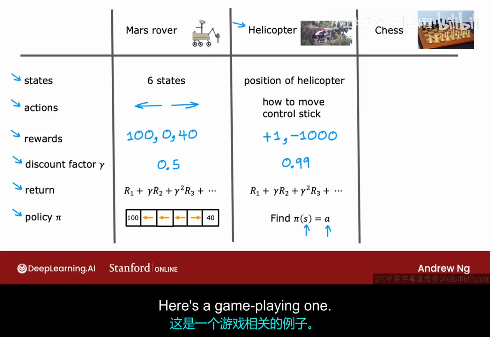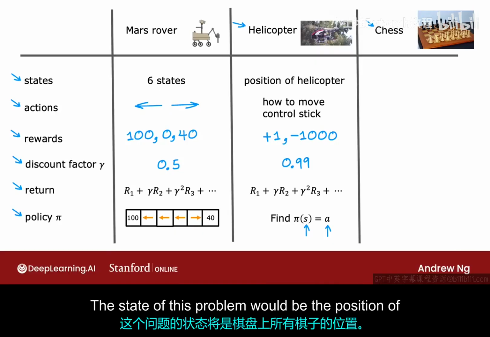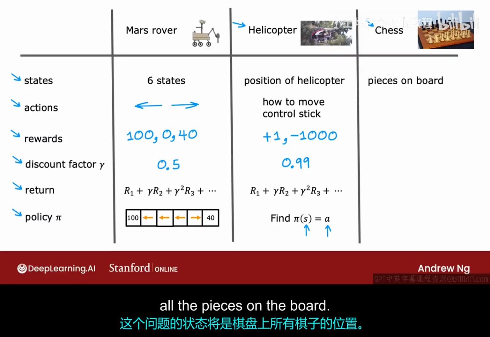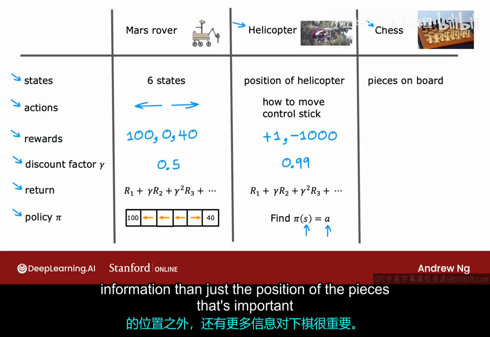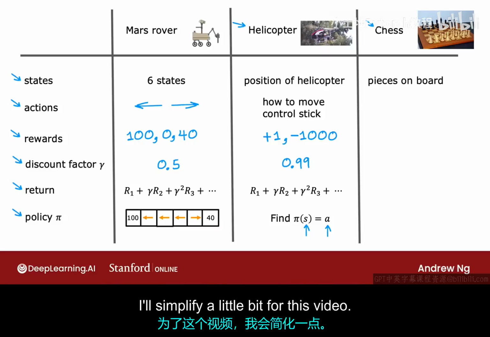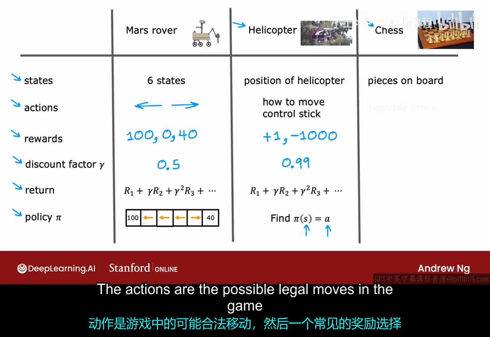Here's one more example. Here's a game playing one. Say you want to use reinforcement learning to learn to play chess. The state of this problem would be the position of all the pieces on the board. By the way, if you play chess and know the rules well, I know that there's a little bit more information than just the position of the pieces that's important for chess. I'll simplify it a little bit for this video. The actions are the possible legal moves in the game.